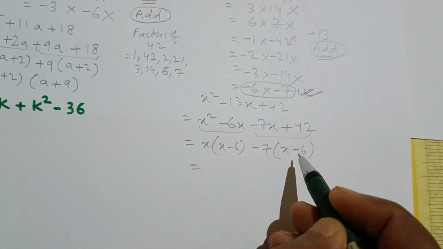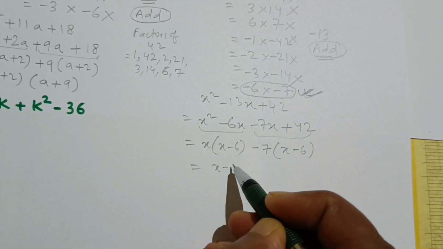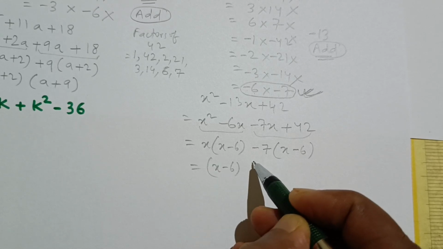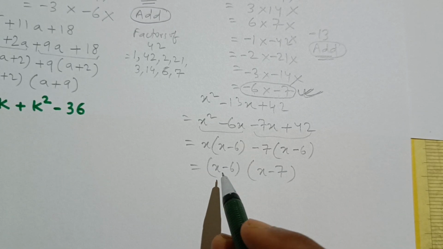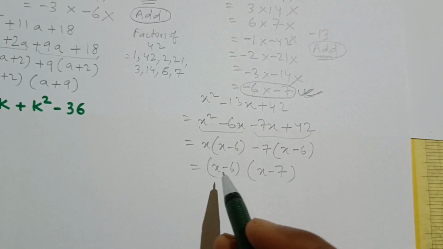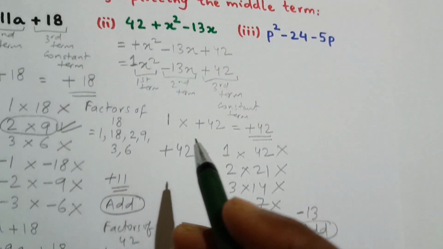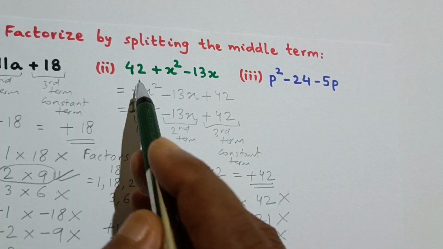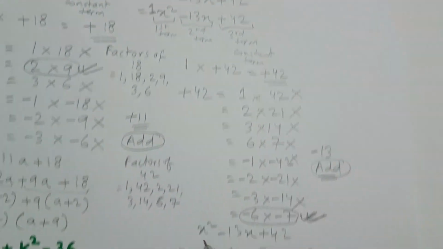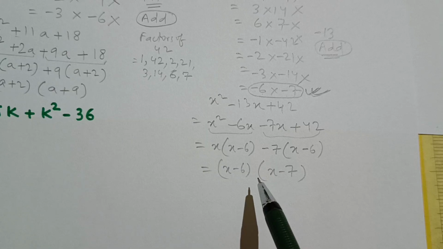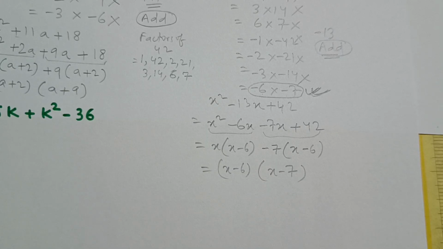And now x minus 6 is common in both the terms, so I will take x minus 6 outside, and then x minus 7. So x minus 6 multiplied to x minus 7. This is the answer for question number 2. So when we factorize this quadratic polynomial, we get x minus 6 into x minus 7.